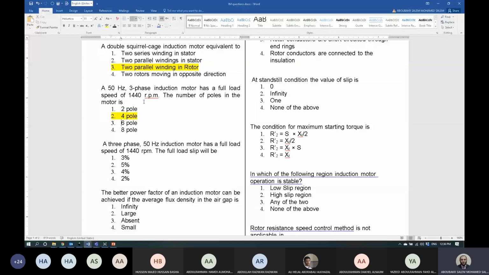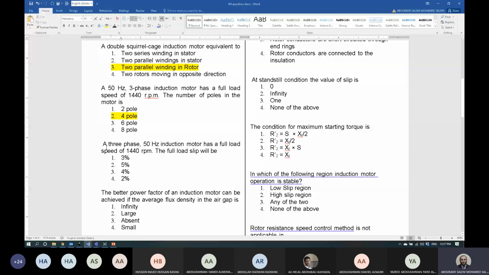So 6 poles is not sufficient. With 4 poles we have 1500 and 1800. So 1500 is close to 1440. This is the right answer. Even if the frequency is not given, you have to compare and recognize the suitable value.